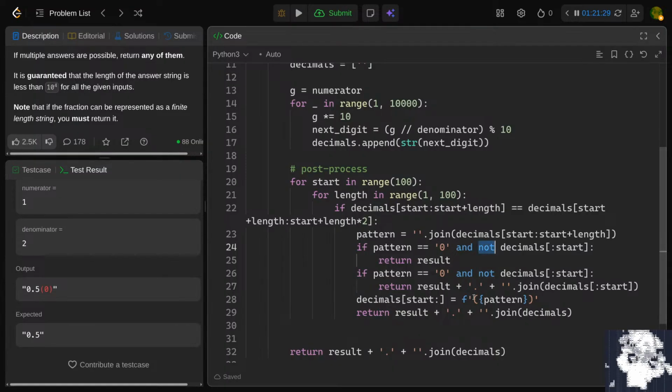And I don't need to say decimals up to start. I can just say end start, because if it's 0, that's when I don't want to do it.